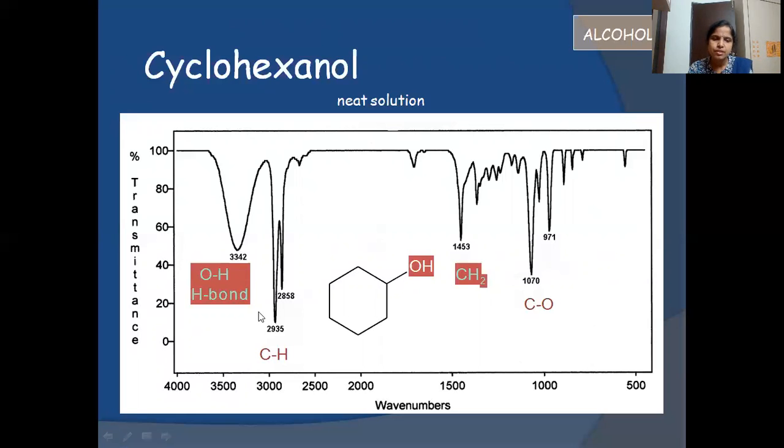And if it is 3200, 3300, it might be sp CH, that is triple bond carbon hydrogen stretching vibrations. That we'll see anyway. For now, just remember that just below 3000, it is alkane, that is sp3 CH vibrations.